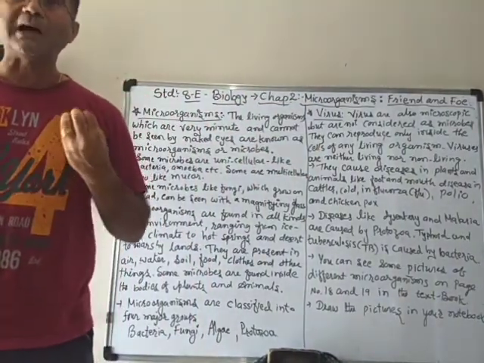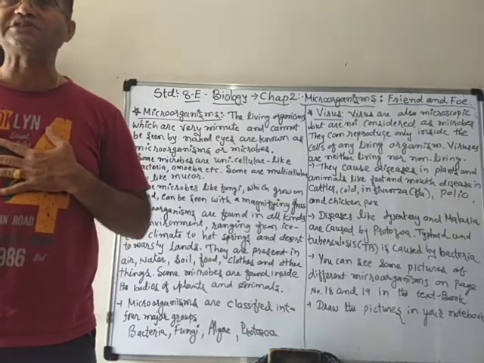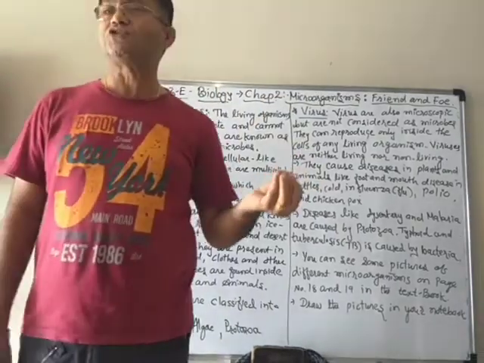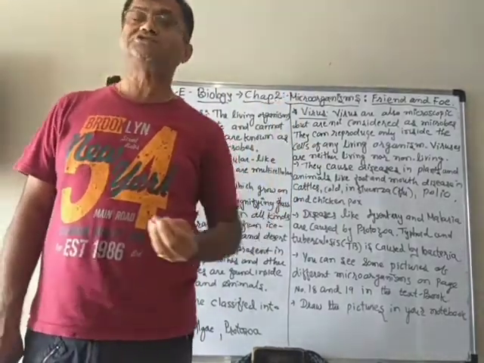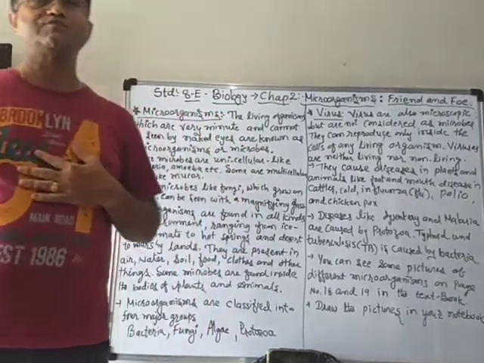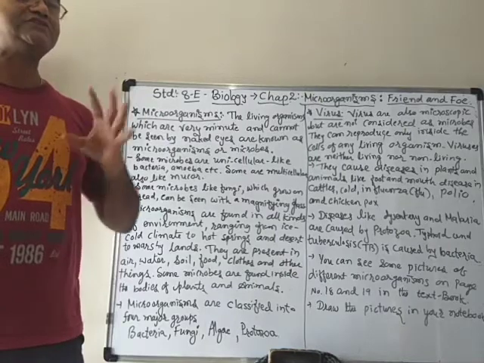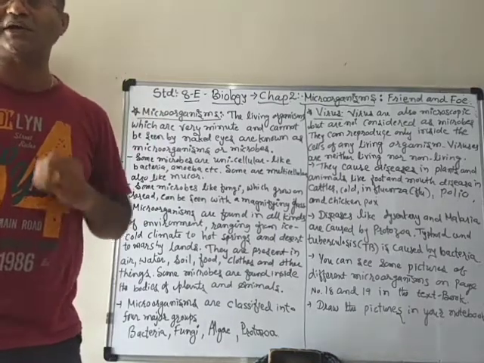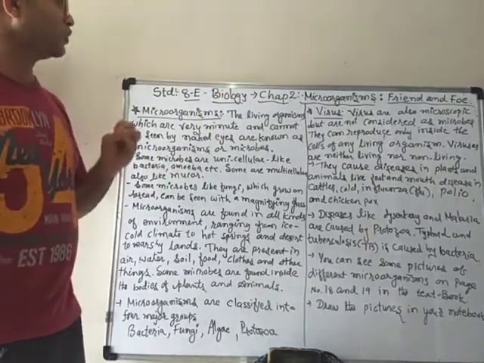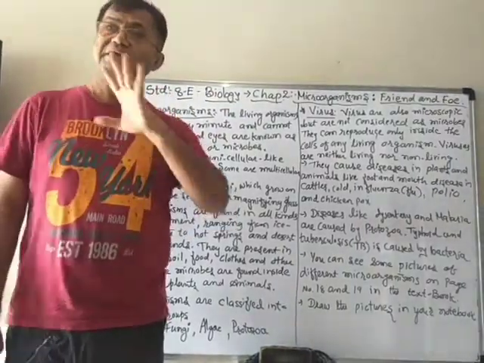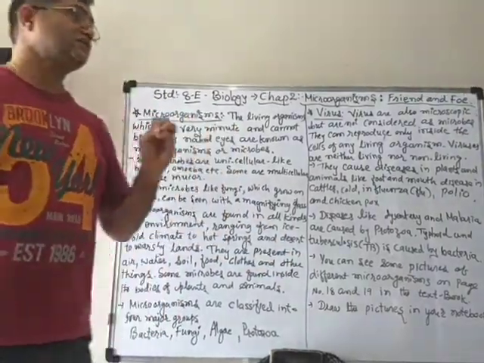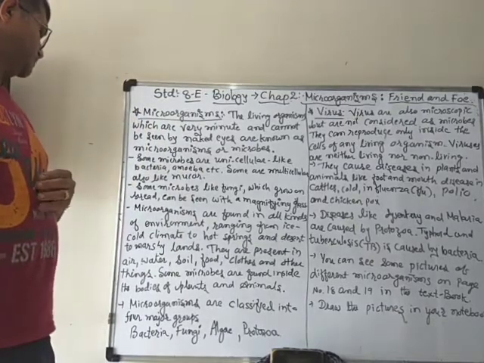Some of the microorganisms stay inside the bodies of animals, plants, and human beings also. So we can say that there is no place where we cannot find this type of microorganism. They are everywhere. So that is the fact about microorganisms.